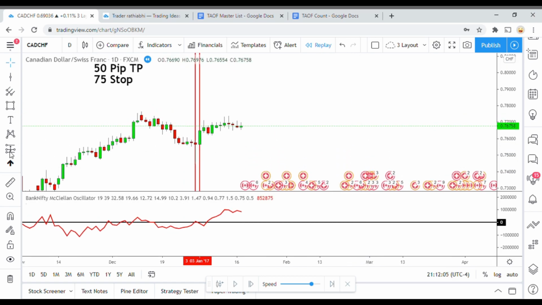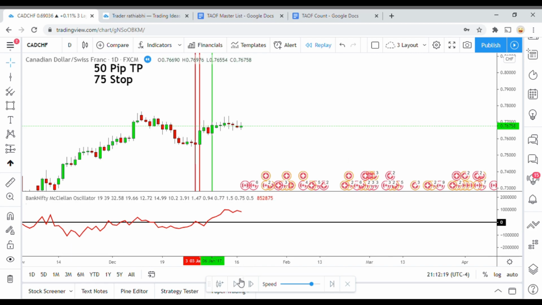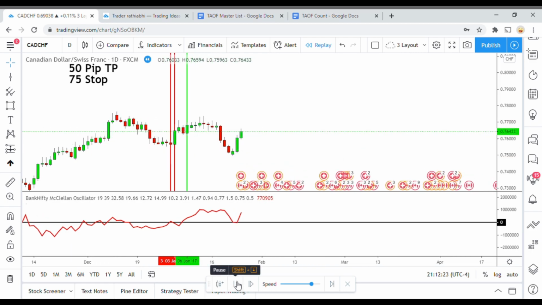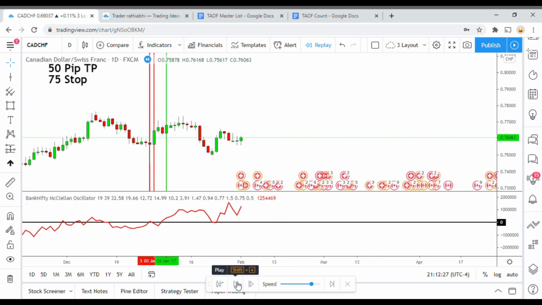Let's see the long here. So this one right here. Yeah, so that one would have gotten us to take profit. So at least one of them was a decent signal there. All right.